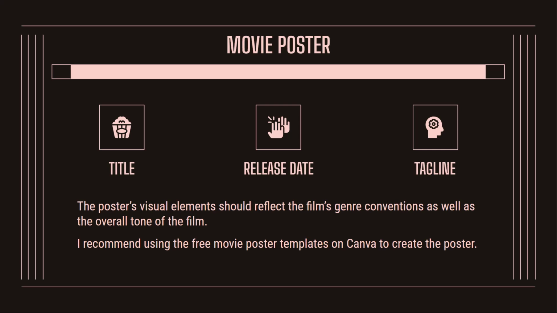Additionally, the poster's visual elements should reflect the genre conventions you want to emulate, as well as the overall tone of the film. I recommend using the free movie poster templates on Canva or the Adobe Creative Suite to create the poster.